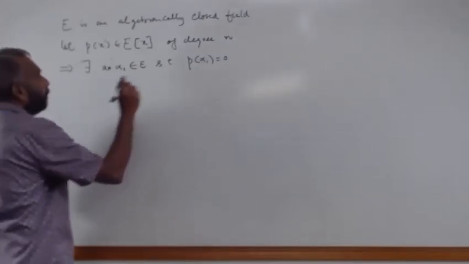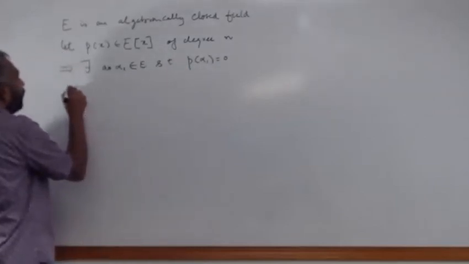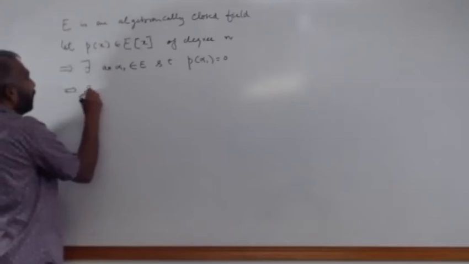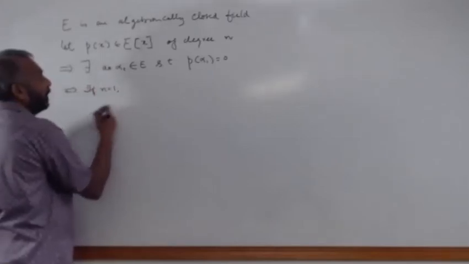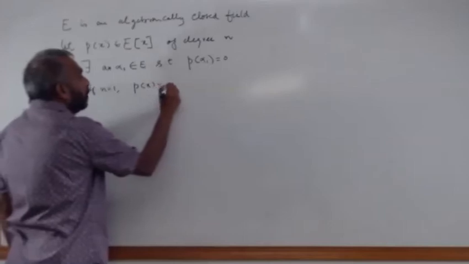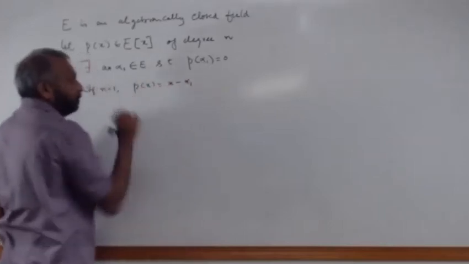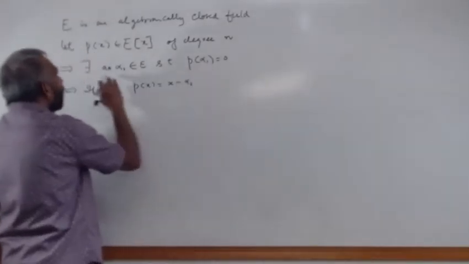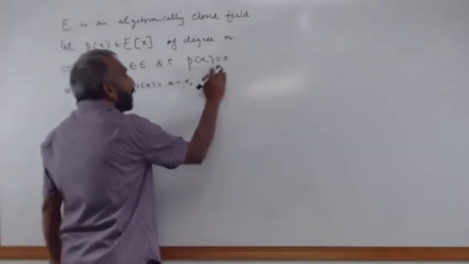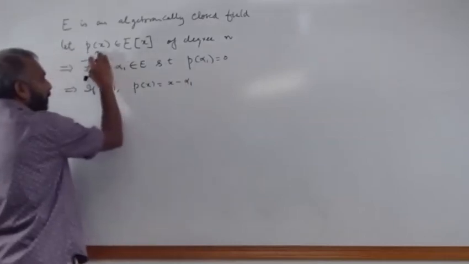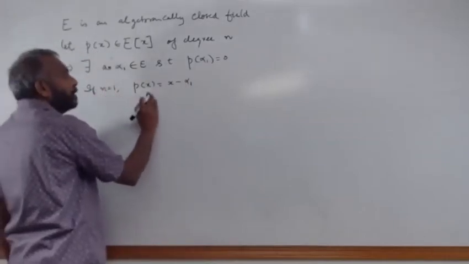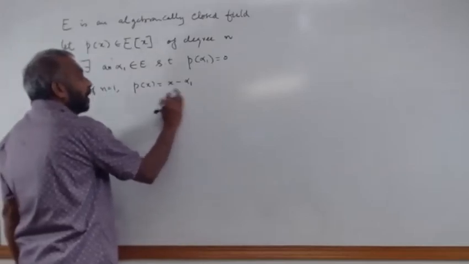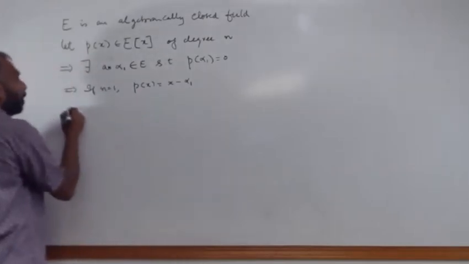Now, if n is equal to 1, then P of x equals x minus alpha 1. See, if alpha 1 is a 0 of this polynomial, x minus alpha 1 is a factor of this. But if n is equal to 1, then this is the polynomial.